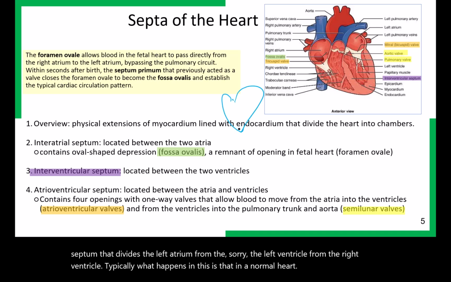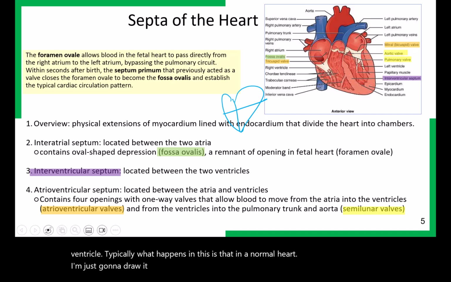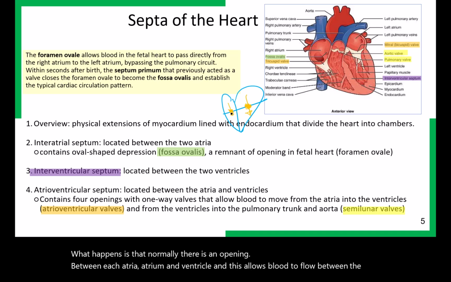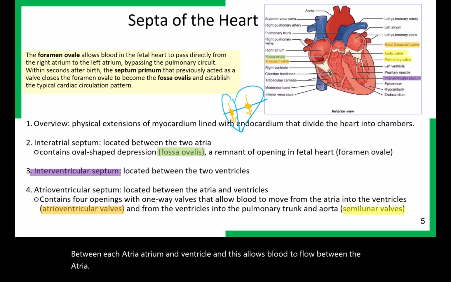I'm just going to draw it again. Normally there is an opening between each atrium and ventricle, and this allows blood to flow from the atria to the ventricles.